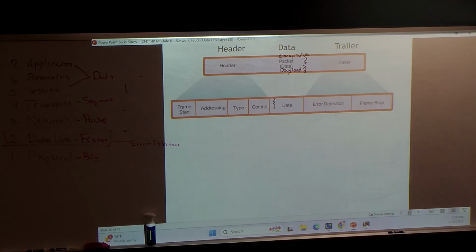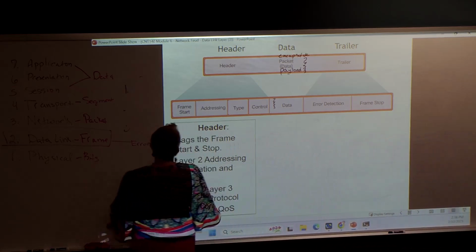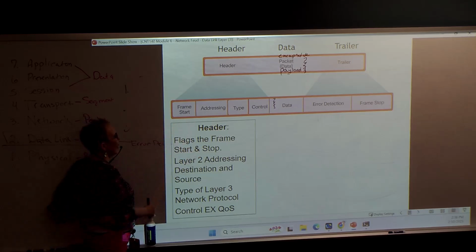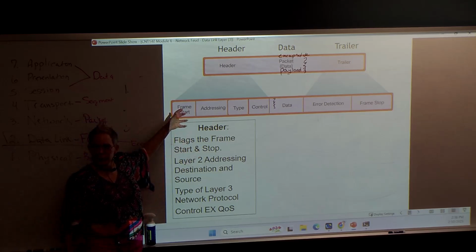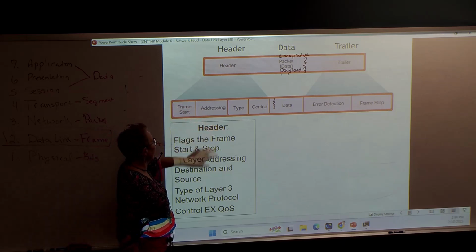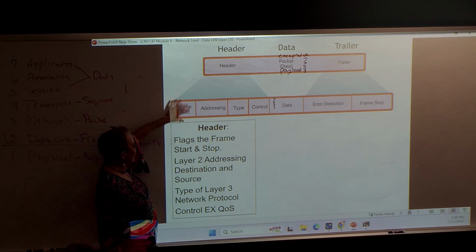This could actually be a lot of different sections. All right, so we're going to break these down. In the header, there's going to be a flag, and that is represented by bits. Remember, what the NIC card is reading is bits. Flags tell the frame that we're starting or stopping.